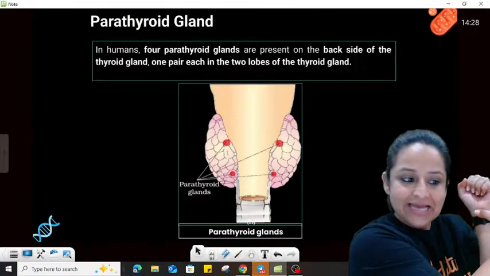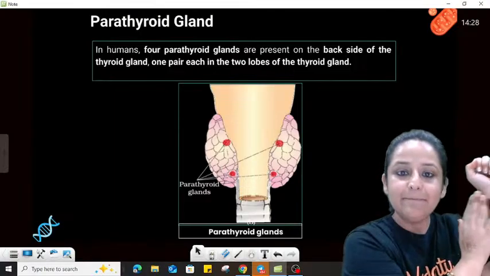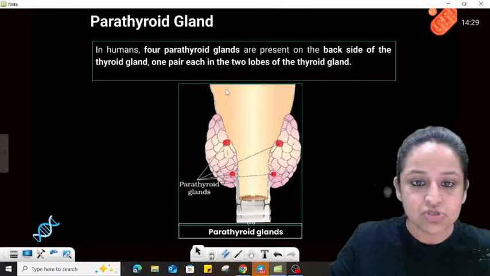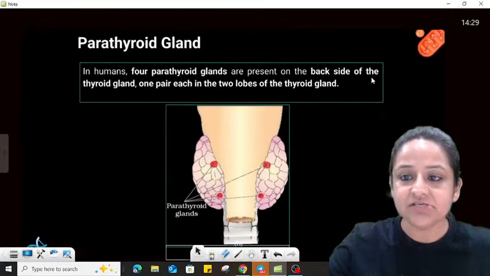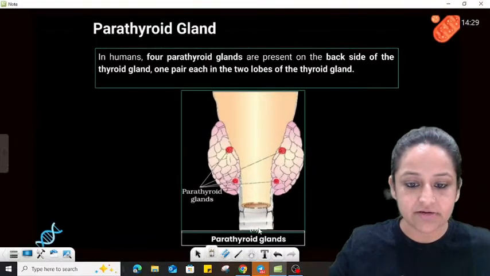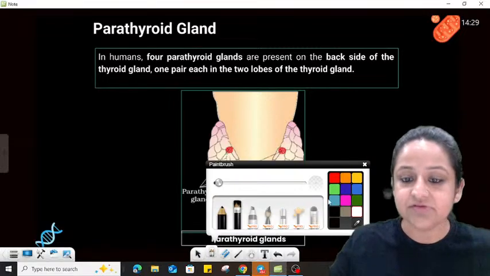Now if you try to see at the back side, this is the dorsal side.